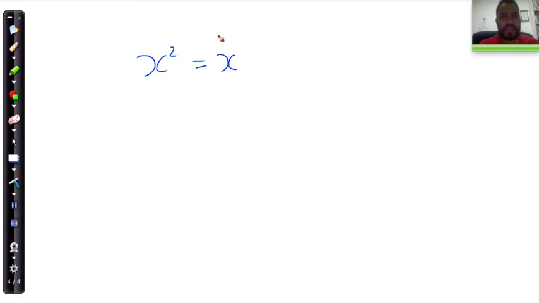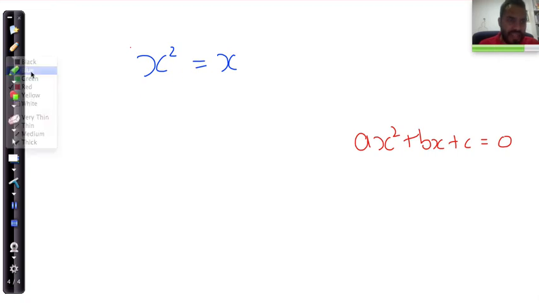If I look at this example, we want to try and work towards standard form, ax squared plus bx plus c is equal to 0. And standard form has this equal to 0 part in it. That doesn't look like standard form, right? Because the x itself could be 0. So let's get everything on one side. That's going to give me x squared minus x is equal to 0. That's what we really want.